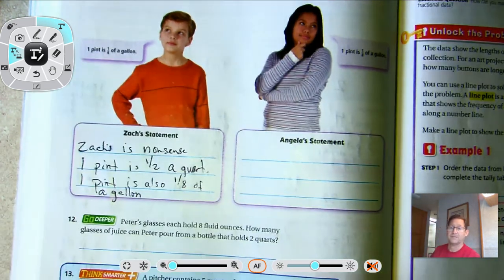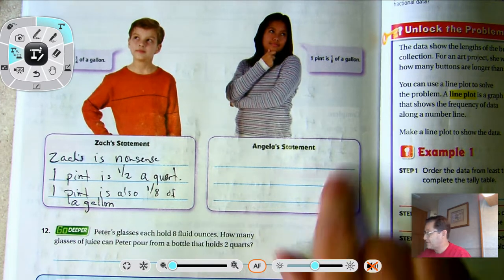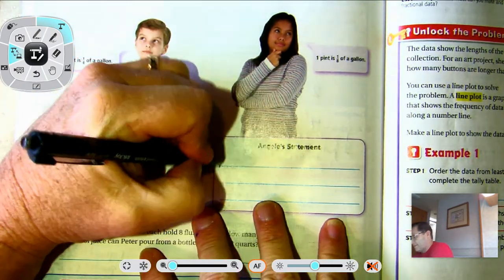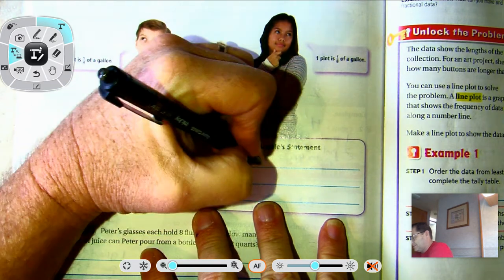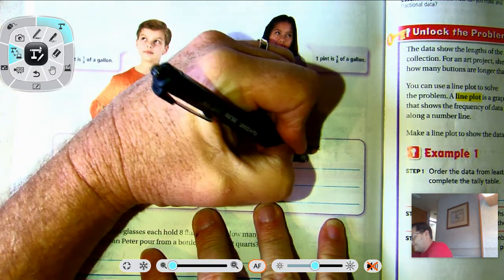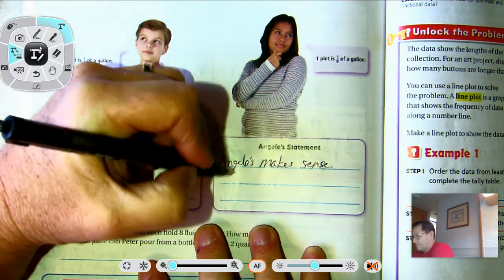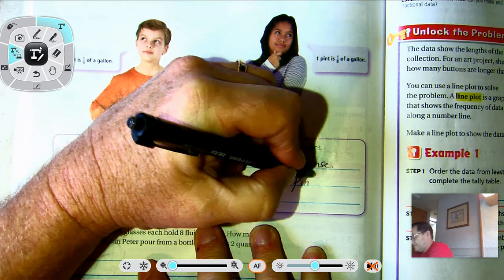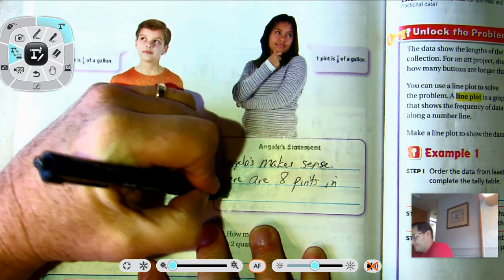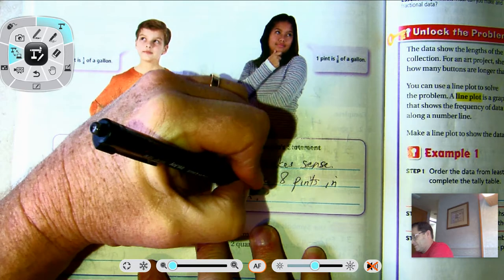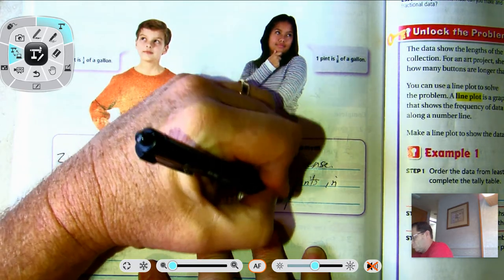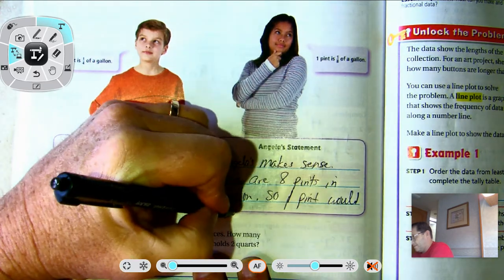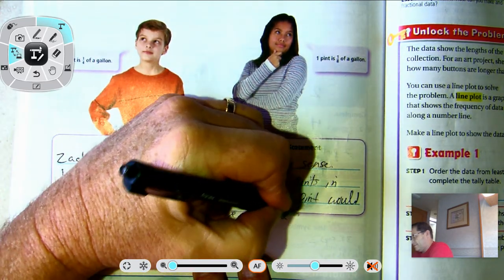Okay, so his was nonsense. She's saying 1 pint is 1/8 of a gallon. She's right. Angela's makes sense. There are 8 pints in a gallon. So 1 pint would be 1/8 of a gallon.